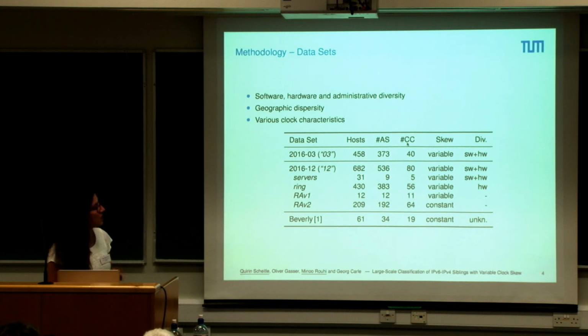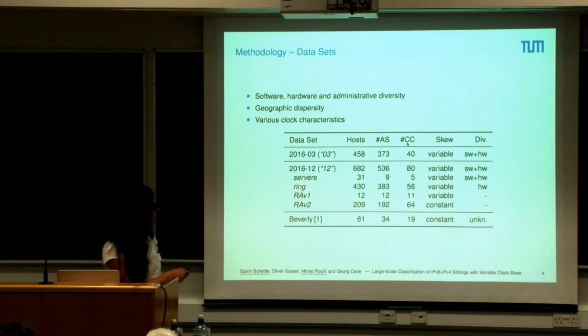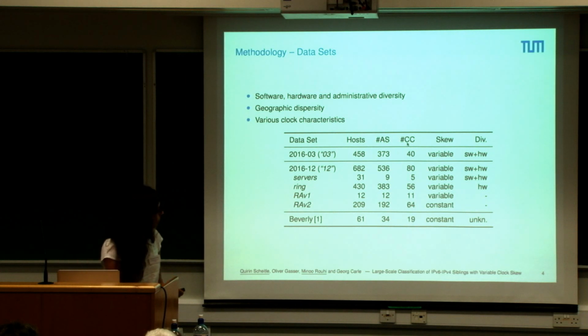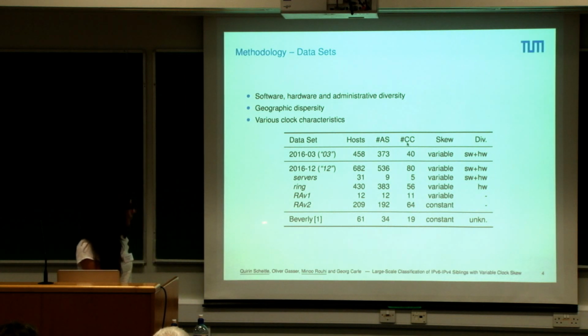This diversity can be seen in the software and hardware versions of the different sources that we took for our ground truth data set. So these are the servers that we had access to. We also used NL-NOG rings for these measurements, and also RIPE Atlas anchors. We also compare our ground truth data sets to the one provided by the related work.